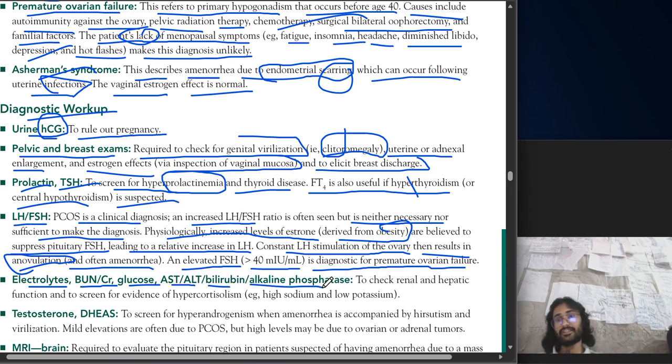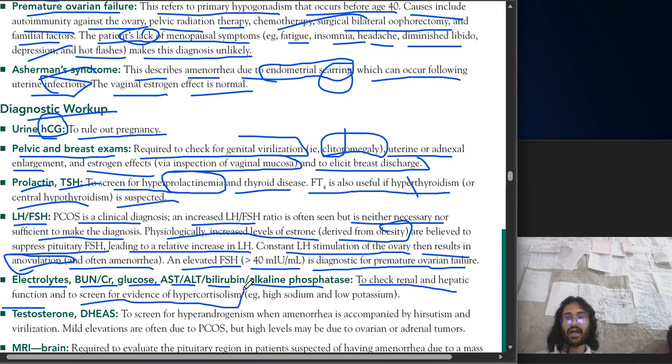So many tests. AST, ALT for liver, alkaline phosphatase again liver, bilirubin liver and gallbladder, glucose for your pancreas, BUN and creatinine for your kidneys, and electrolytes, of course, very important to check. So to check renal and hepatic function, we need to do all these tests.